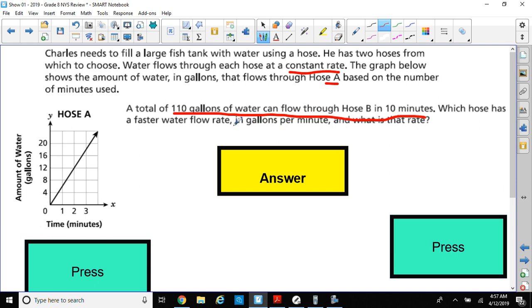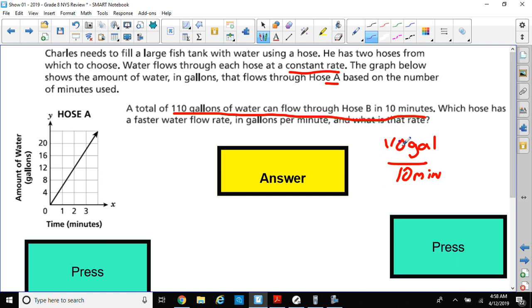Okay, well, let me talk about hose B for a second. So, they said it was 110 gallons in 10 minutes. So gallons per minute, that's a rate. So I'm just going to divide 110 by 10.